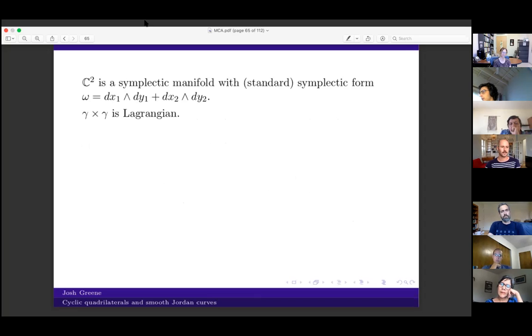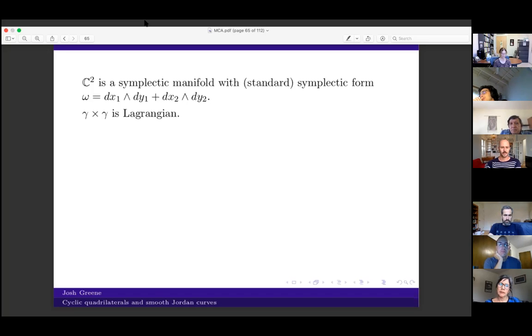And a smooth Jordan curve in the complex plane is tautologically a Lagrangian submanifold, and that leads to the fact that this product, gamma cross gamma, is a Lagrangian torus in C2. And those tori that I was intersecting, L1 and L2, I'd like to argue that those are Lagrangian tori as well.